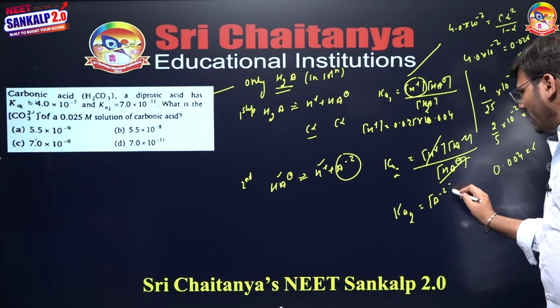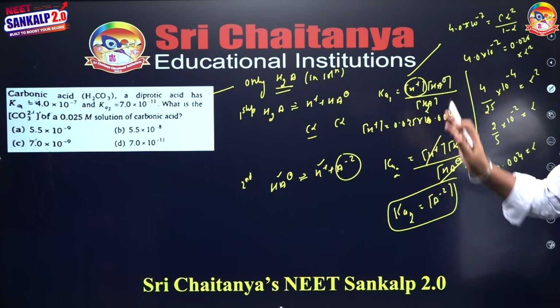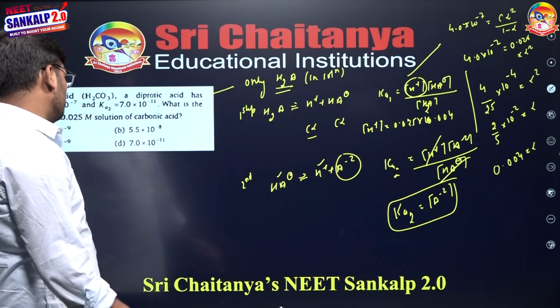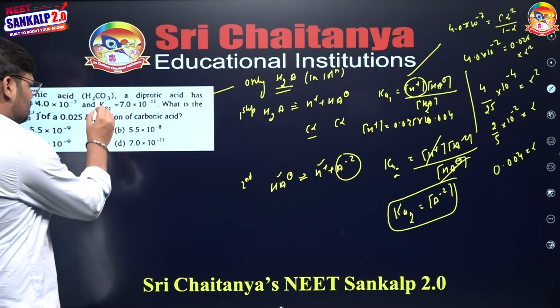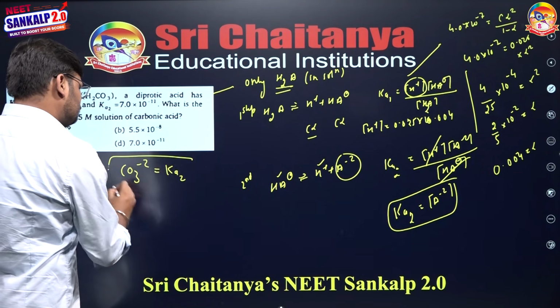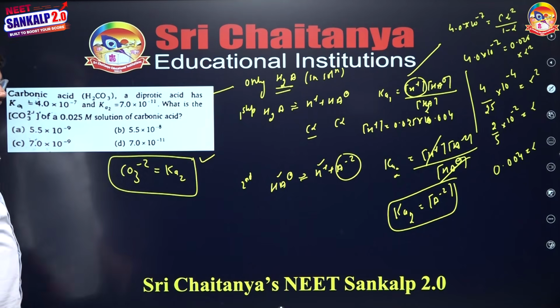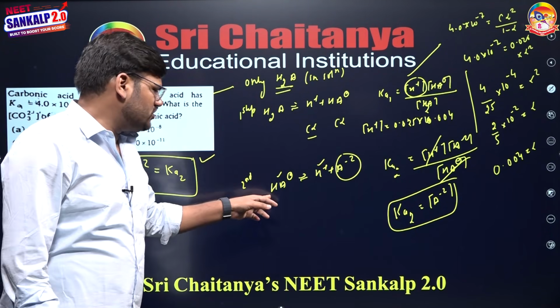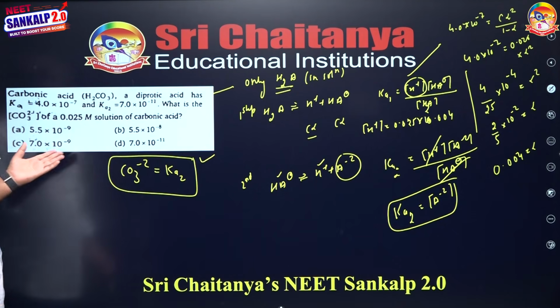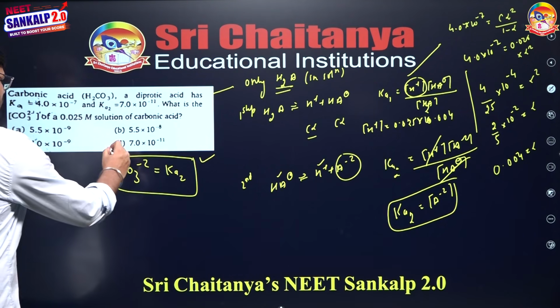You don't have to solve. If only diprotic acid is present in the solution, then always this carbonate ion is nothing but Ka2. The conjugate base of HA minus will be just equal to Ka2. So in this case, this is your answer, D.